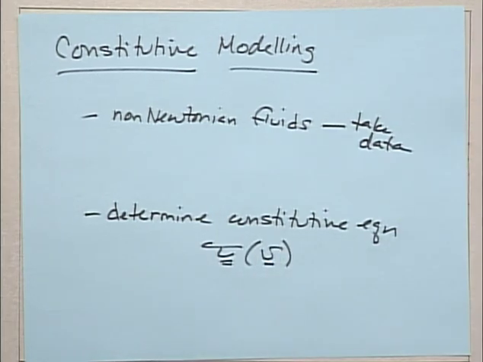Now, maybe by now you agree with me that this seems like a very difficult task. This constitutive equation is a tensor equation, and it predicts what the material will do in any flow.